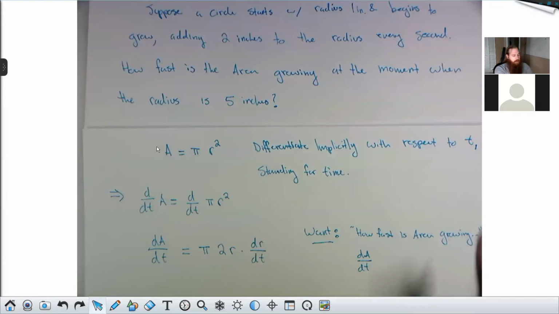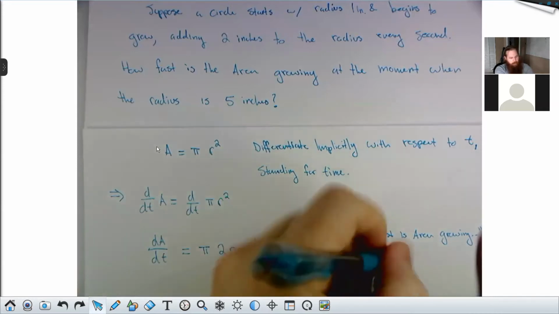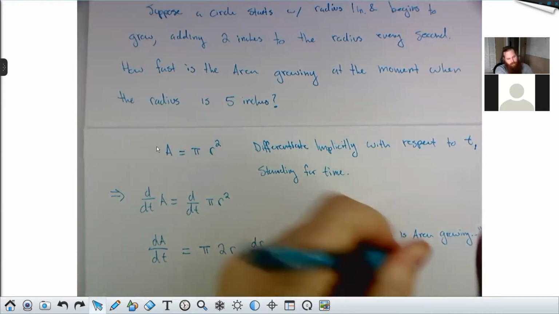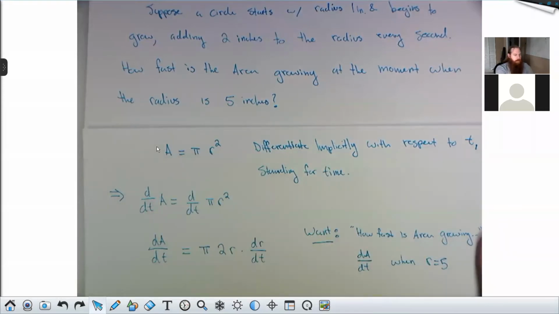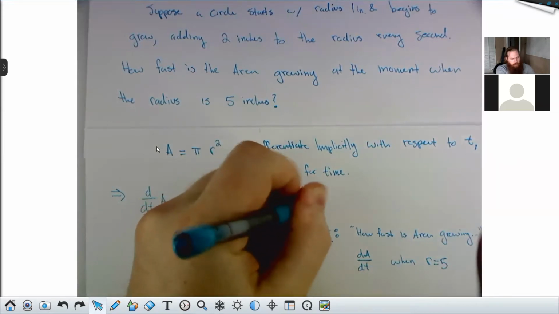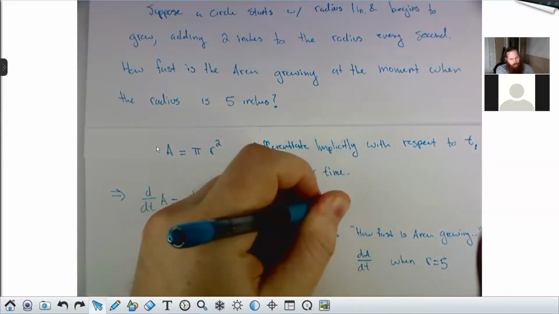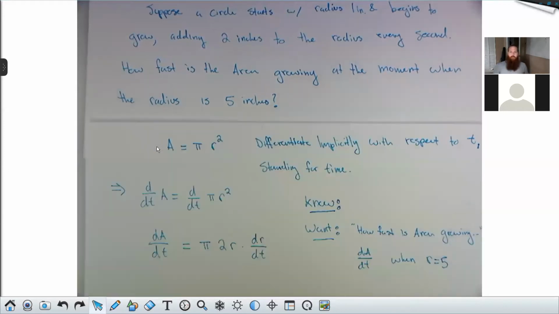But I want to know how fast the area is growing at the moment when the radius is 5 inches. So I can plug in 5 for r, but the other thing, I need to ask, what do I know? My answer here should just be a number, right? At that moment, the area is growing at 5 inches per second squared, or whatever, 5 inches squared per second.